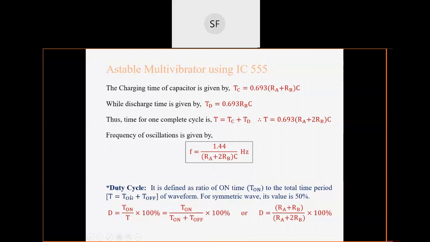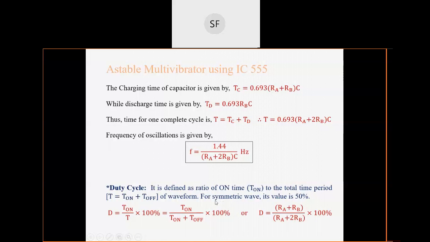As per the definition, duty cycle is denoted by D. It is the ratio of on time to the total time, multiplied by 100, because duty cycle is generally represented in percentage.